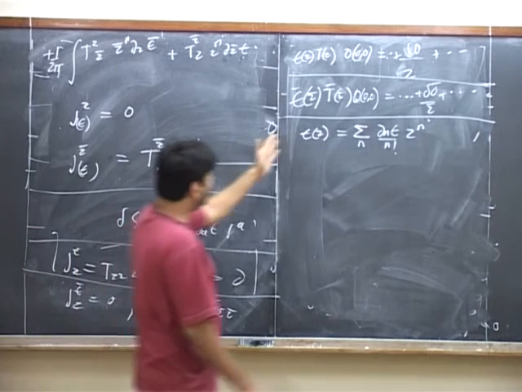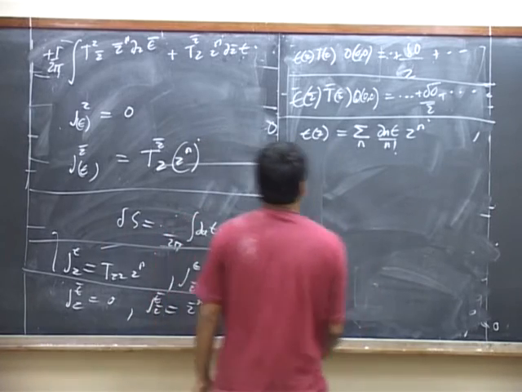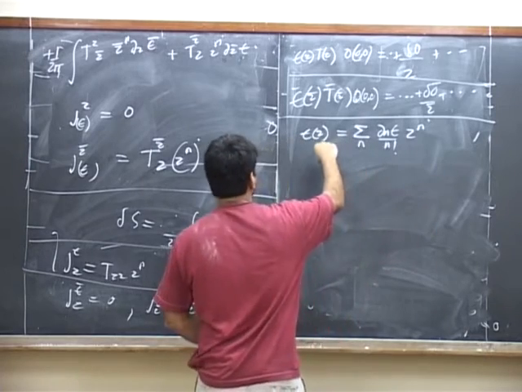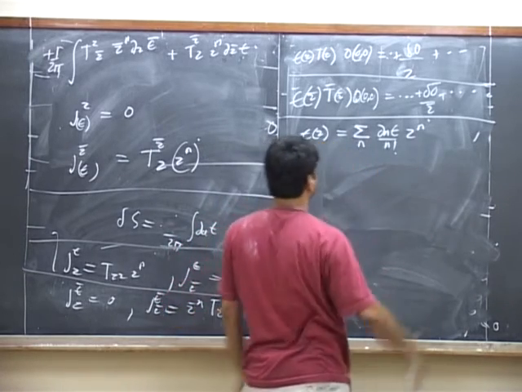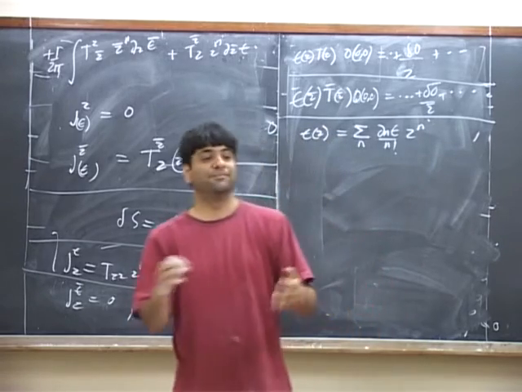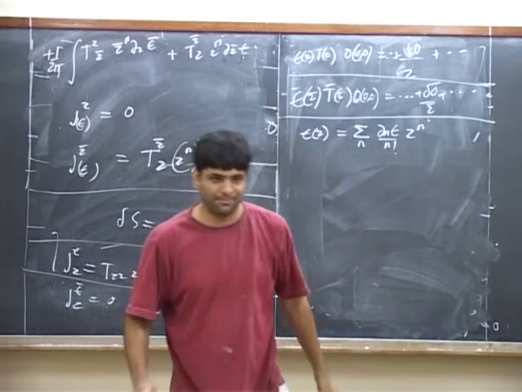Okay. So I take epsilon and I take a series expansion. I'm specializing to those epsilons that have a Taylor series expansion. I could look at things that have singularities, but we'll deal with those later.